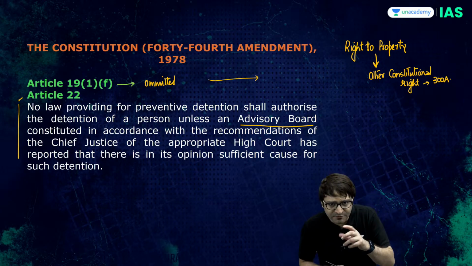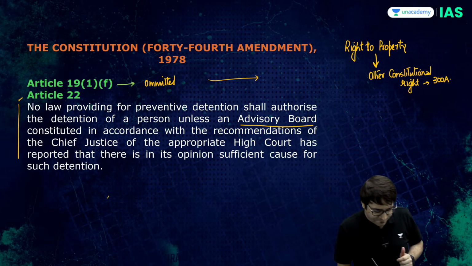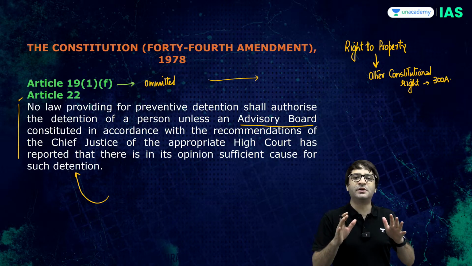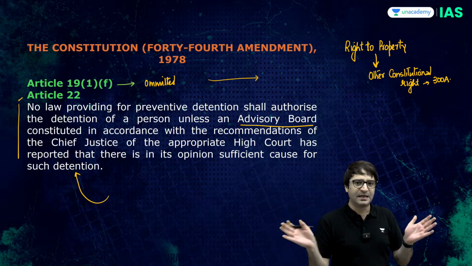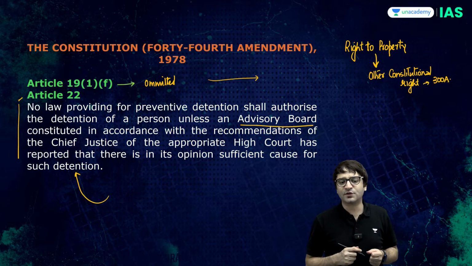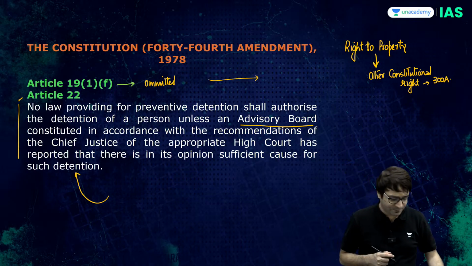And unless and until this advisory board recommends further extension of such detention, only then can this preventive detention be extended beyond 3 months. Otherwise, no. So this safeguard was added by the 44th Amendment 1978.